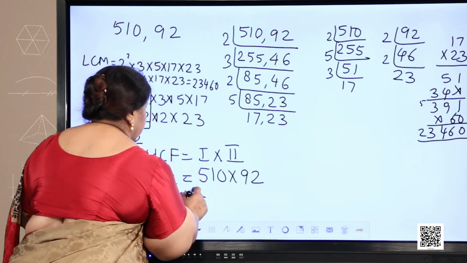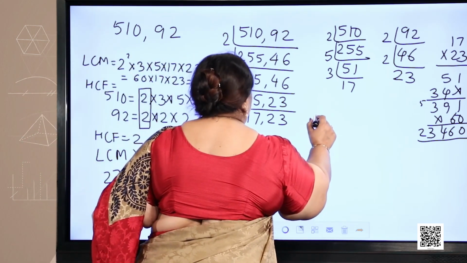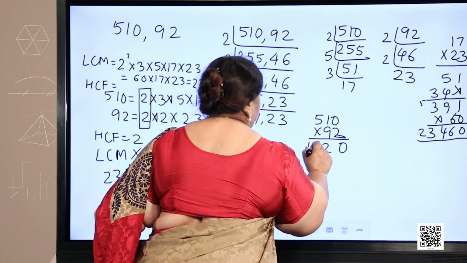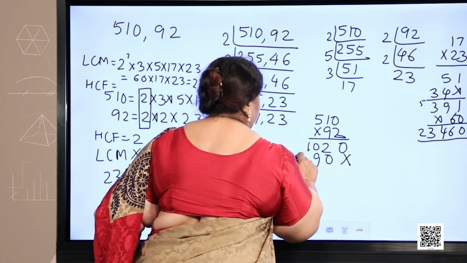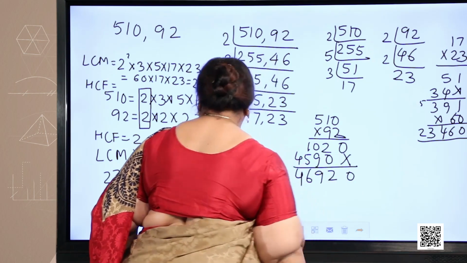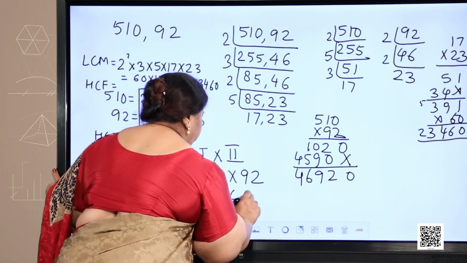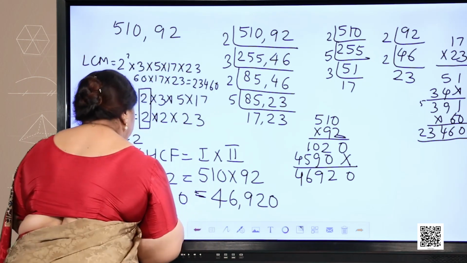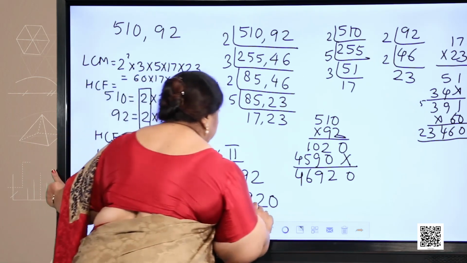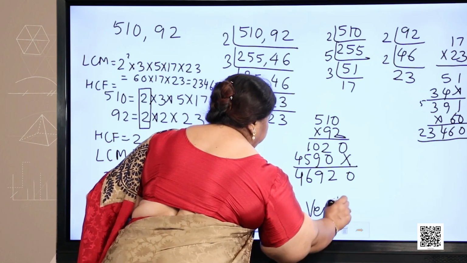Let us see what is 510 and 92 on multiplication. Yes, I am getting LHS is equal to RHS, 46,920. We see that LHS is equal to RHS and hence our important result is verified.